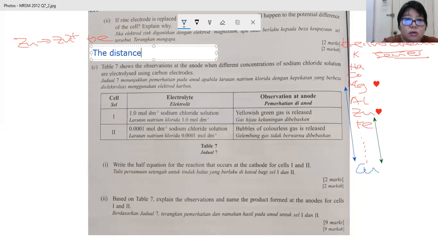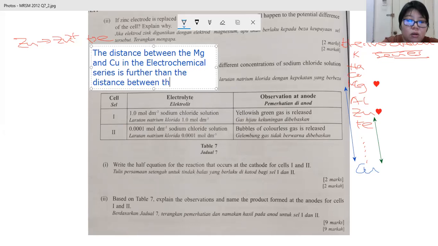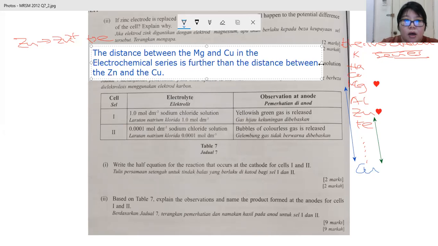So the distance between the magnesium and copper in the electrochemical series is further than the distance between the zinc and the copper.